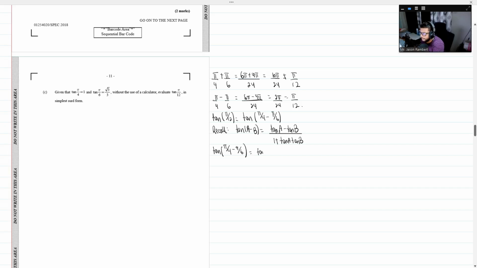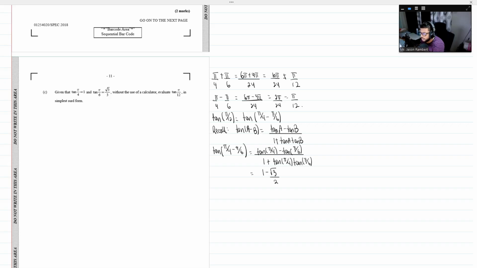This is tan pi on 4 minus tan pi on 6 divided by 1 plus tan pi on 4 tan pi on 6. From the information, tan pi on 4 is 1 and tan pi on 6 is root 3 on 3.